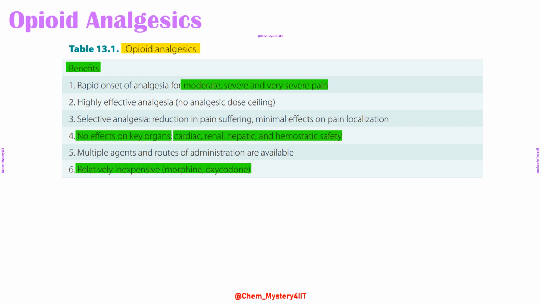So what are the benefits? If they are habit forming, why are we allowing these to be used in medicines? The first thing is the rapid onset of analgesia in moderate to severe and very severe pain. This is the most important thing.